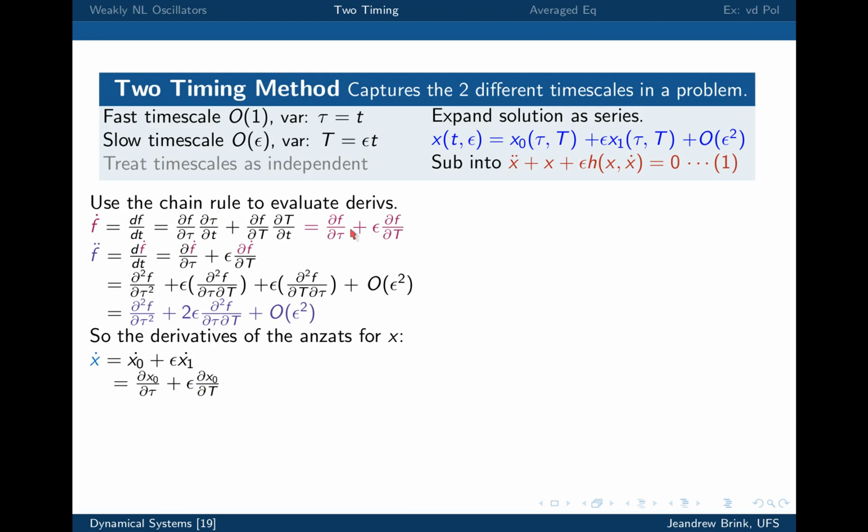Okay, so I'm getting it from up there. And what we have also is that x1 dot is epsilon times dx1/d fast time plus epsilon times dx1/d slow time, but here you have an epsilon squared, so you typically can just ignore that term.